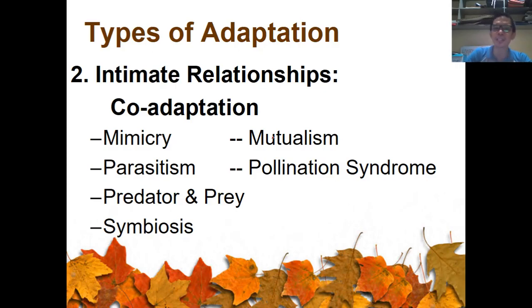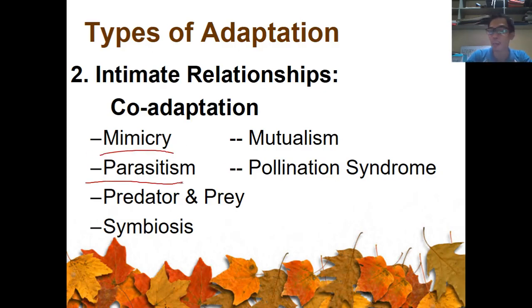The second one is intimate relationship. This symbiotic relationship, or this relationship between two organisms that we have right here, is a very important way of adaptation. One organism can exploit the ability of another organism in order to survive. One of them is mimicry, the one that you saw earlier.